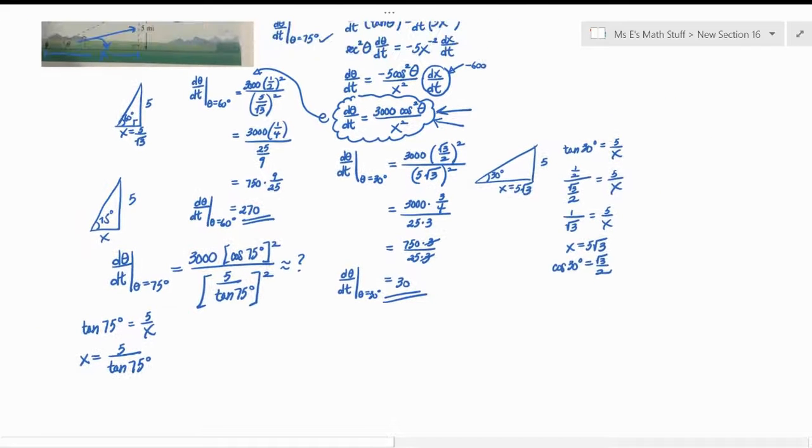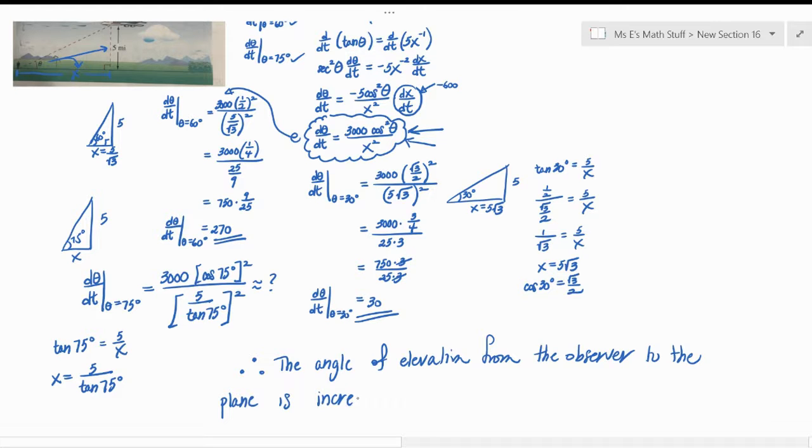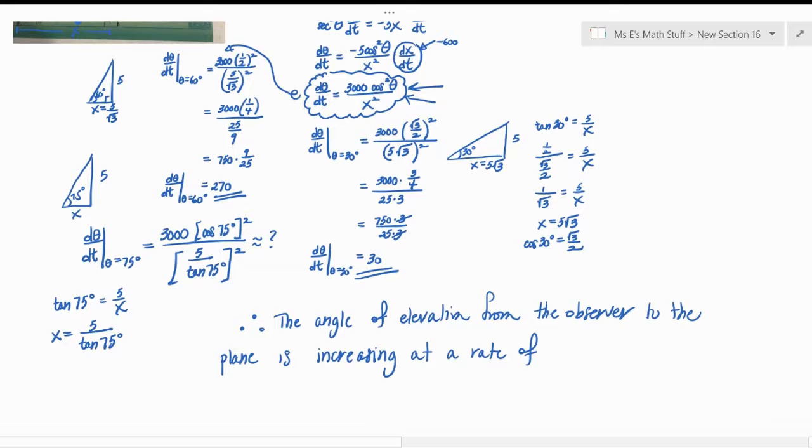Therefore, our conclusion would be that theta, the angle of elevation from the observer to the plane, is increasing at a rate of... remember, with angle measures you're supposed to assume radians unless stated otherwise.